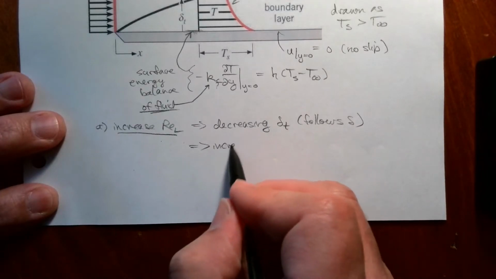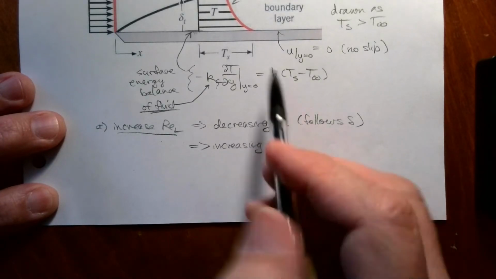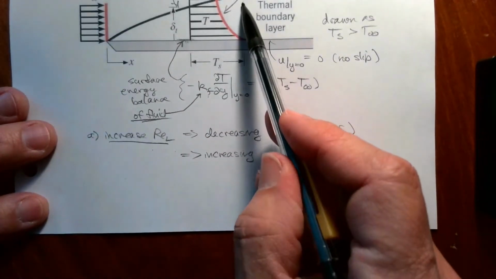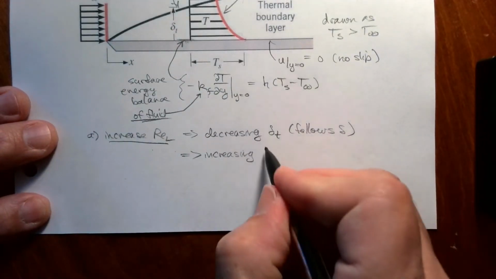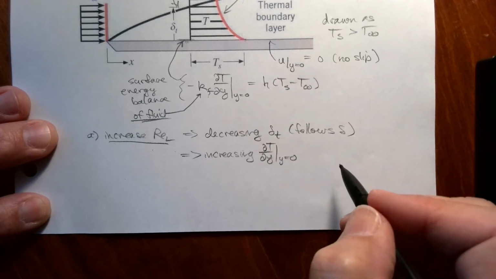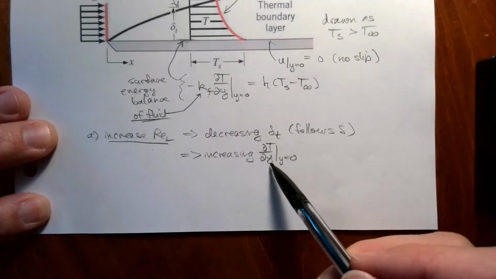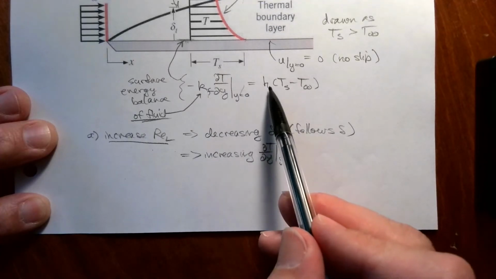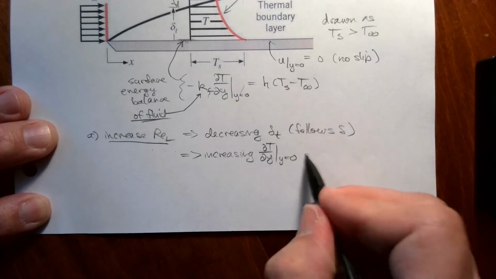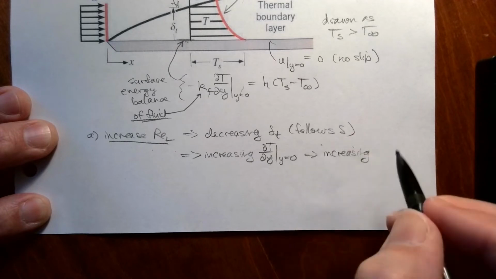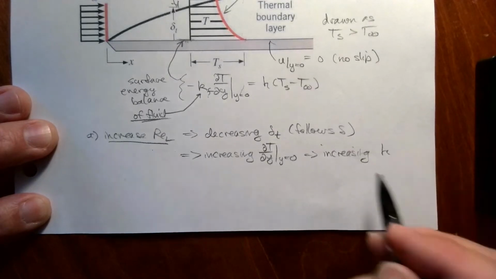And so then we're going to have an increasing gradient on this surface as we lower delta, increasing the partial of T with respect to y at y equal to 0. So if this term increases, that's going to cause an increase in H. So we'll have an increasing heat transfer coefficient, H.